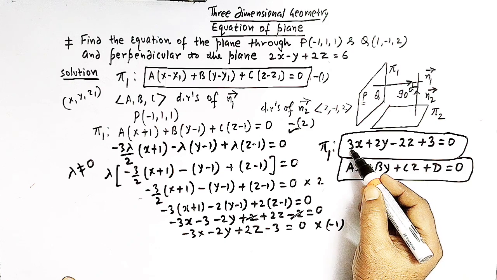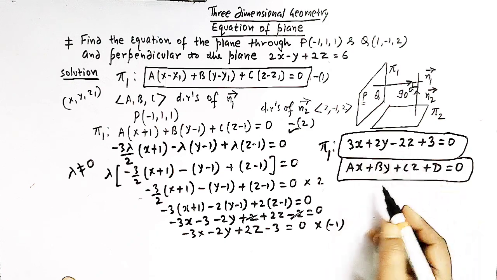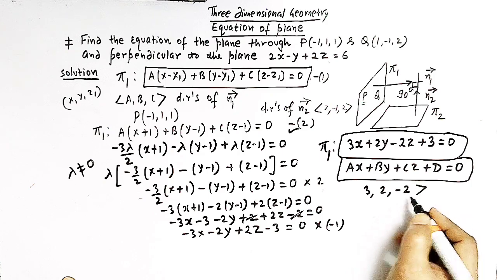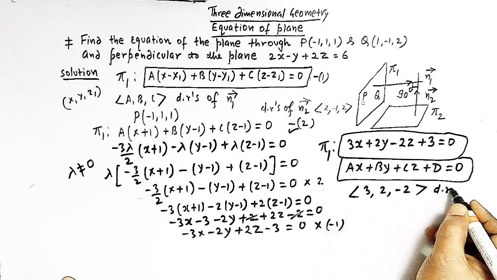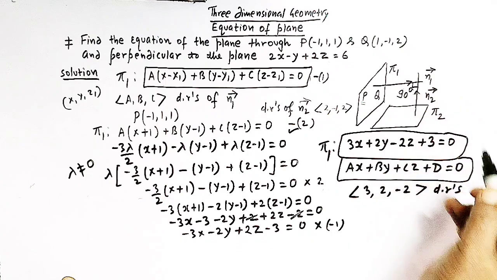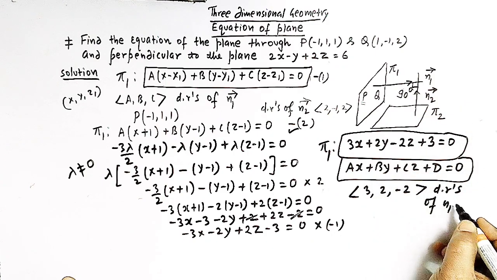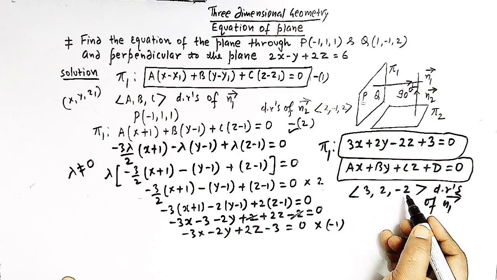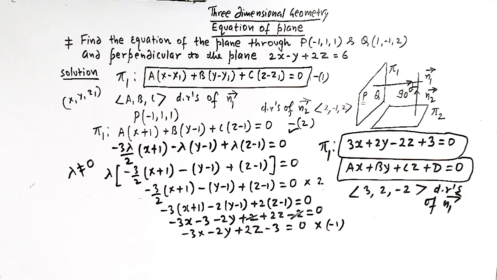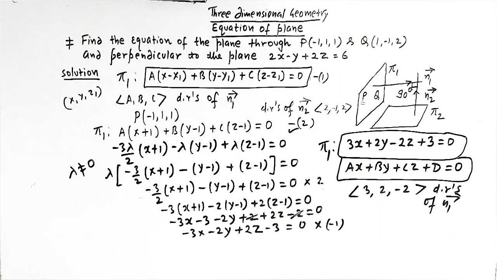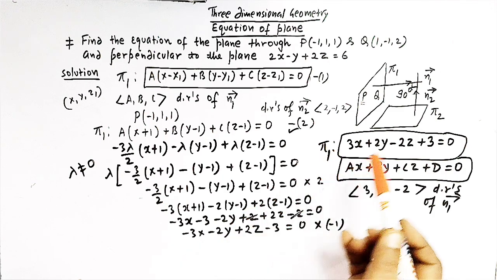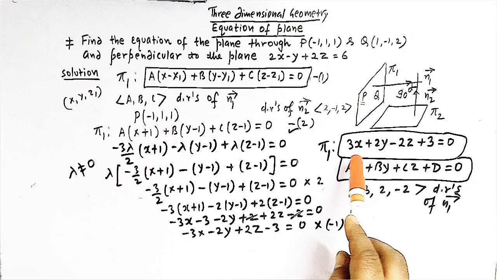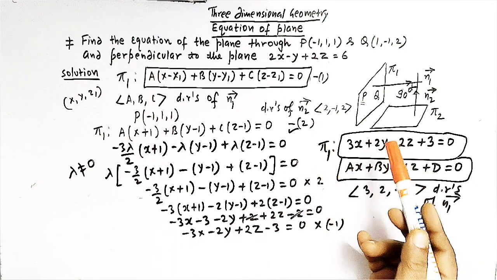So here the coefficients of x, y, and z are 3, and then we have 2 and minus 2. So the direction ratios of the normal vector n1 are given by 3 comma 2 comma minus 2. So viewers, this is how by using these concepts we can easily find out the Cartesian equation of the plane pi 1.